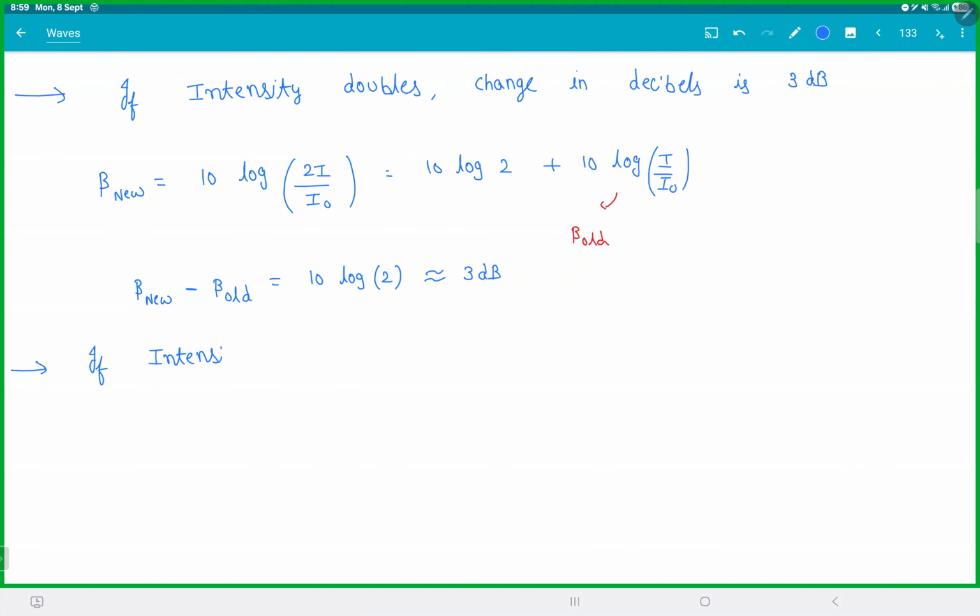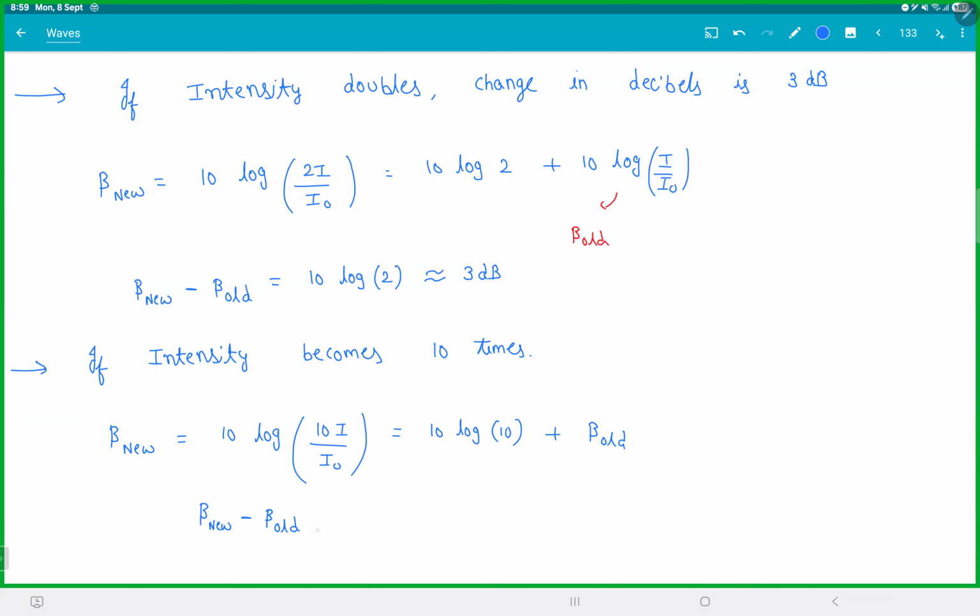Now this will be good for theoretical questions. That is, if intensity becomes 10 times, that's a difference of 10 decibels.